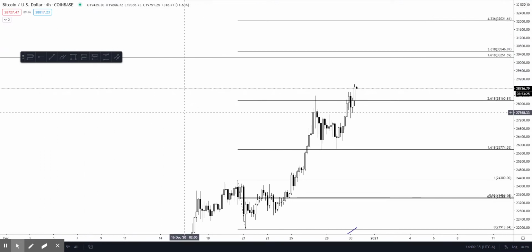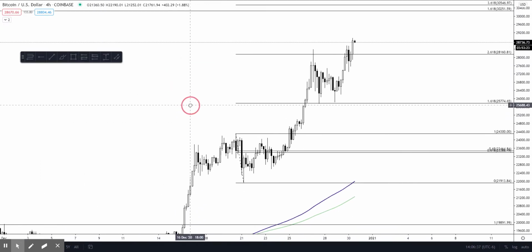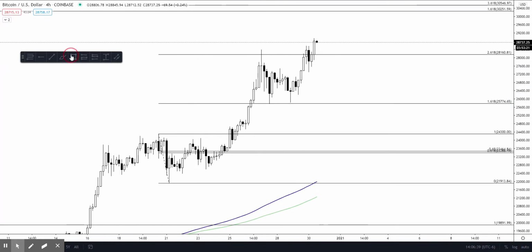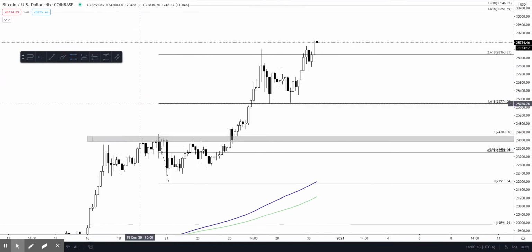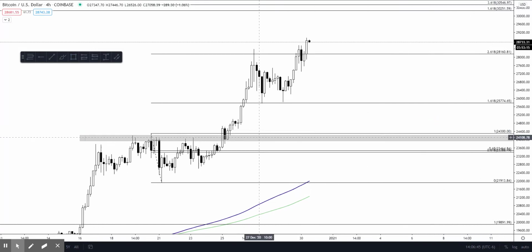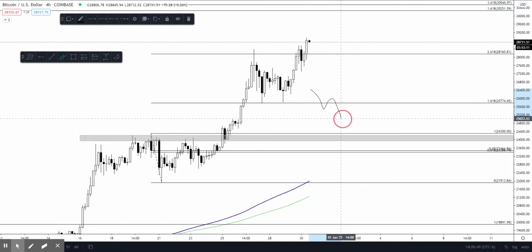All right. So as far as supply and demand zones on your 4 hour, the most obvious one is this 4 hour supply here at roughly 24K. So if price does come back down and retest this level, it is a bullish retest. It is speculative because we don't know if this zone is going to act as support just yet.